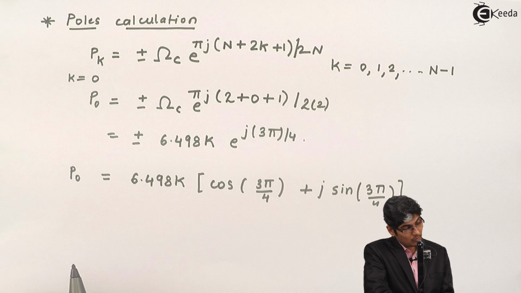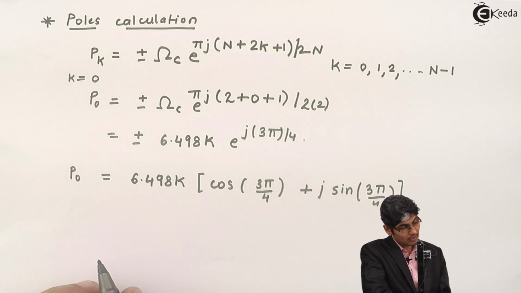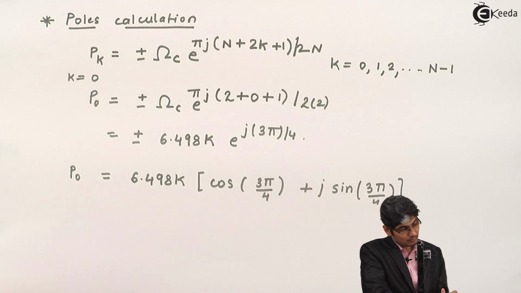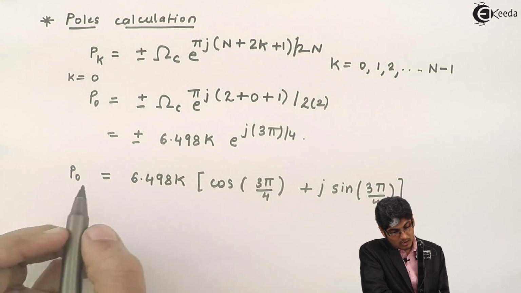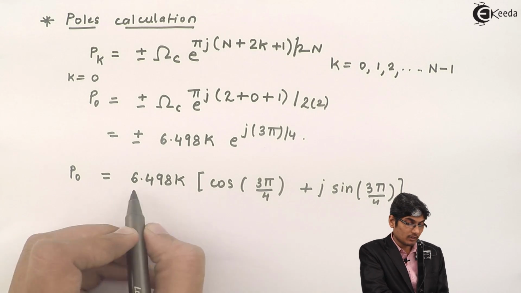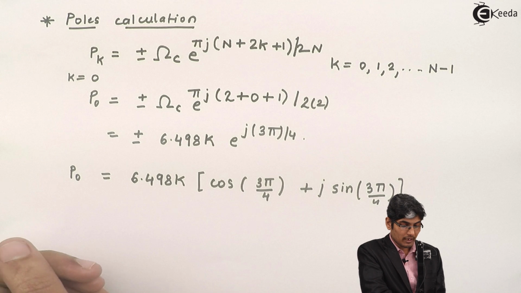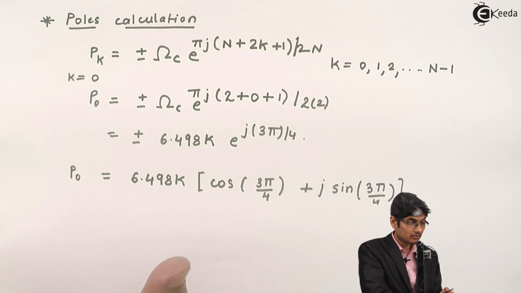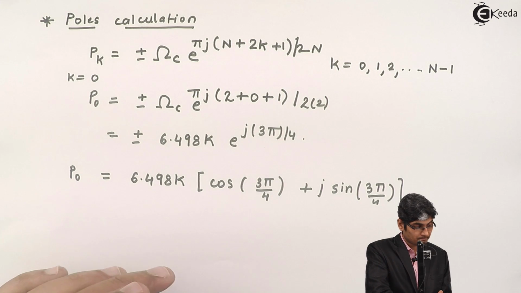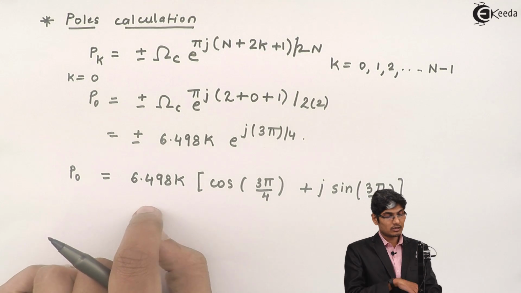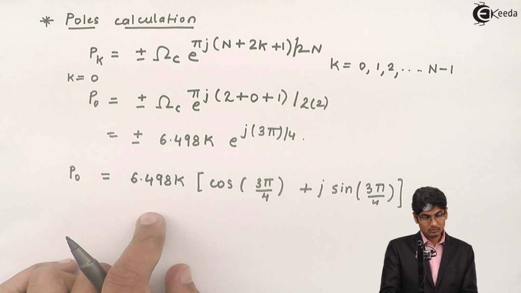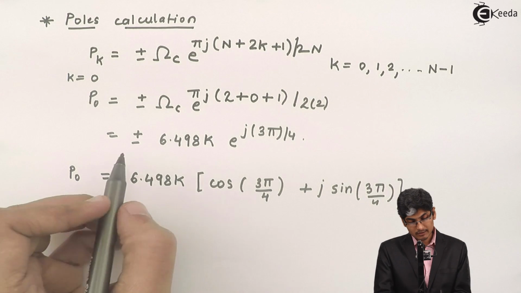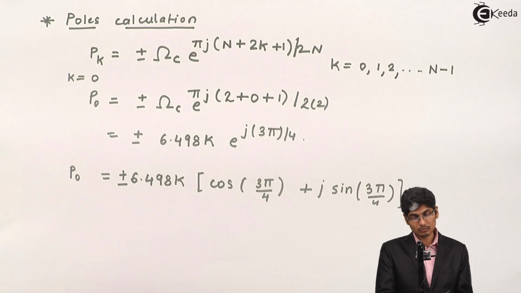So this is one value of pole. I have purposefully set it plus, because when I put minus I am going to get the second pole. Based on plus and minus values of this pole, let us say this pole to be plus and minus, no problem.